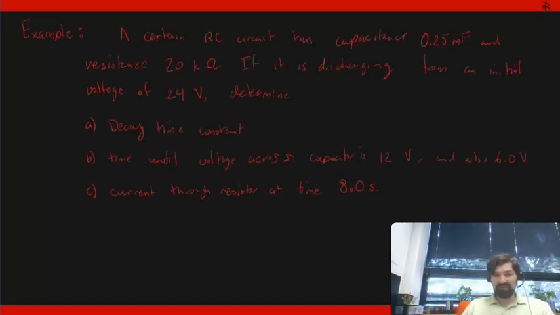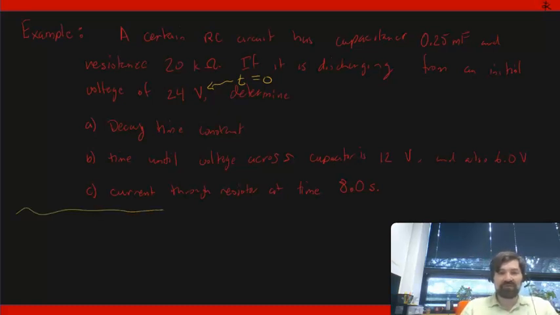What we want to determine is the decay time constant, the time that elapses until the voltage across the capacitor is 12 volts and also 6 volts. This right here is, of course, at time 0. And then also figure out what the current is through the resistor at time 8 seconds.